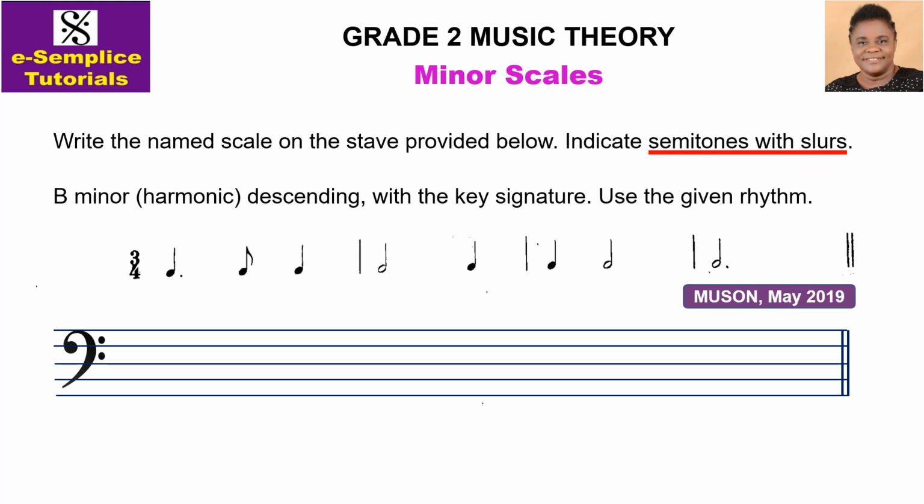I'm going to show semitones with slurs, and it should be a B minor scale. It should be a harmonic scale of B minor. The scale should be a descending scale, and then I should write with key signature, and then I'm given a reading to use.